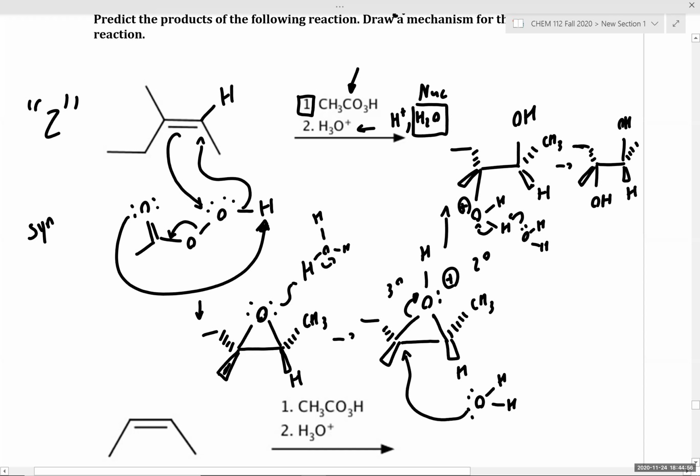Okay, so just to help us visualize what's going on here using our model kit. So we have our epoxide. Water is going to attack at the most hindered carbon with an anti-stereochemistry. So it's going to attack at the following carbon and open our epoxide.